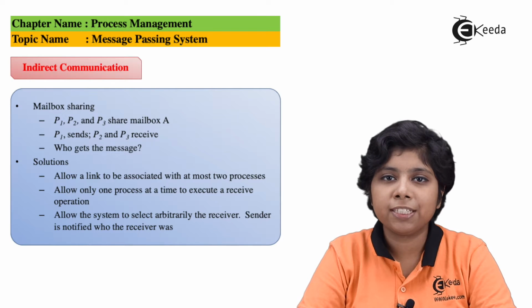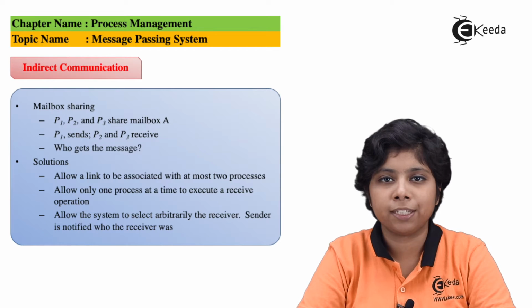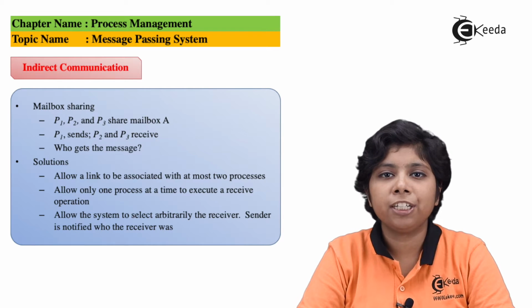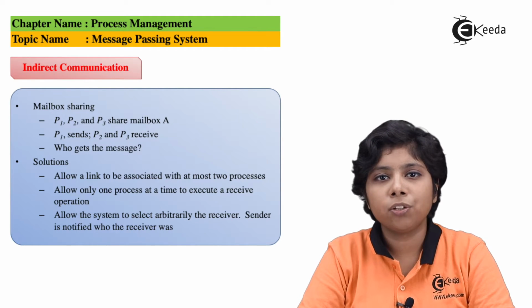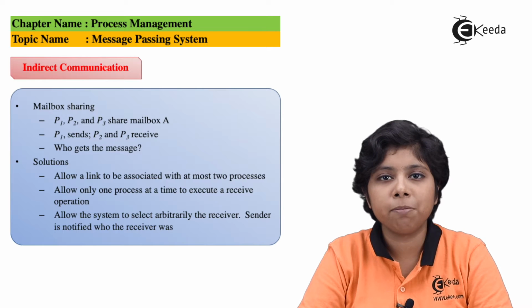The first one is that there should be only one receive operation at a time for any process. And the third one is that there should be only one link established between only two processes, so that one process can generate a message and the other can receive the message only.